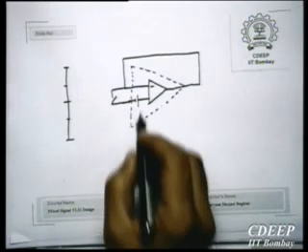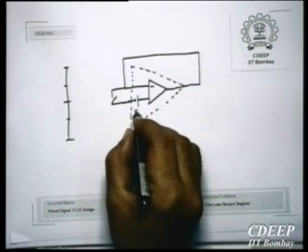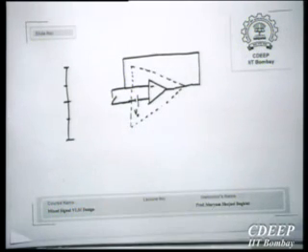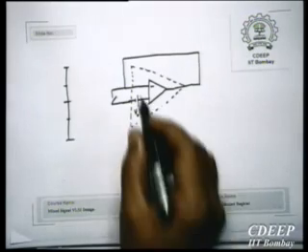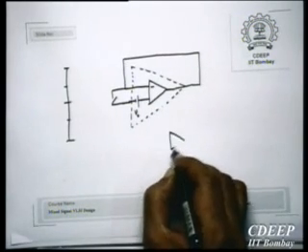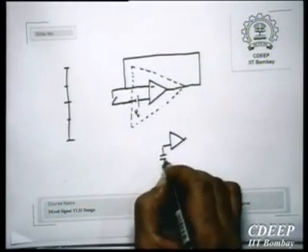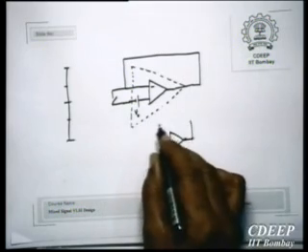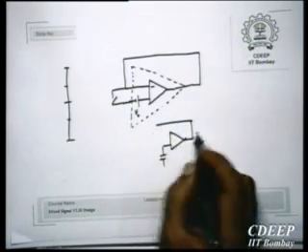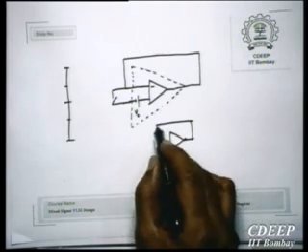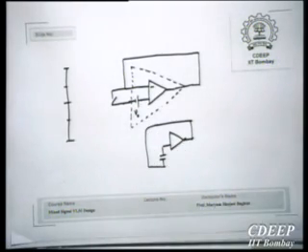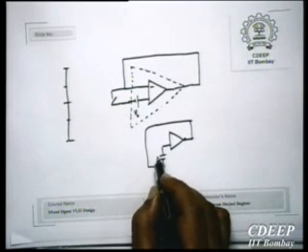Suppose this is the offset. So you can think of it as this. Right, the shorting is from the other end of the battery, the negative end of the battery.